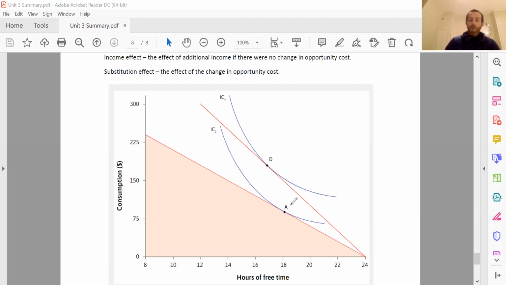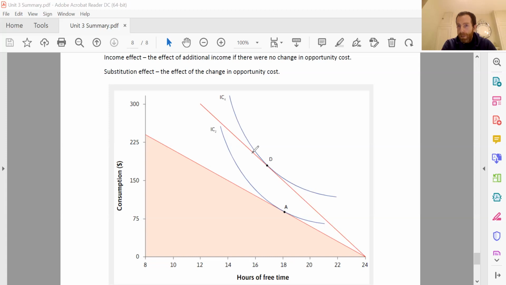So what we're now going to think about is, well, what happens if something changes? And in this case, the thing that is going to change is the wage that the worker could receive. And what's going to change is that the slope of the budget constraint is now different. It's now steeper.